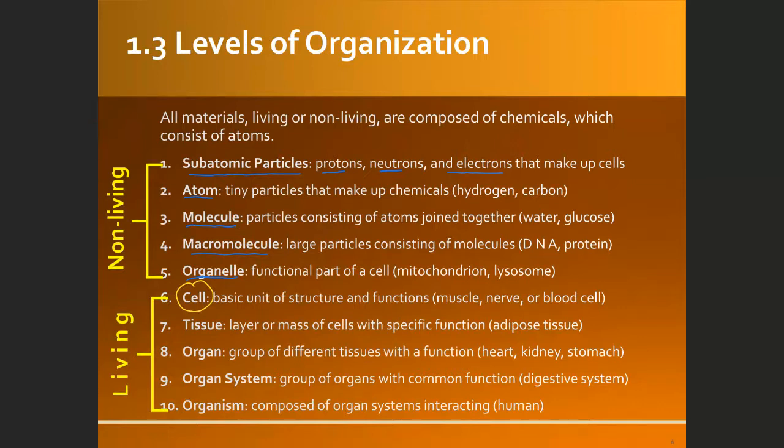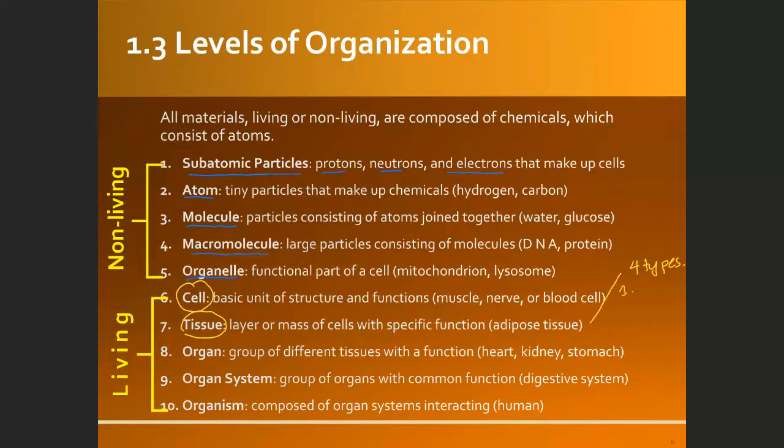Okay? So the cell is the basic unit of living, and cells of the same shape, the ones that have the same function, will organize together to make tissue. In the human body, there are only four types of tissue.